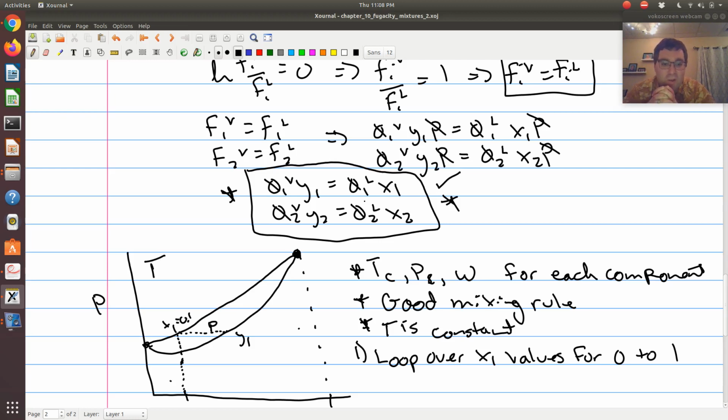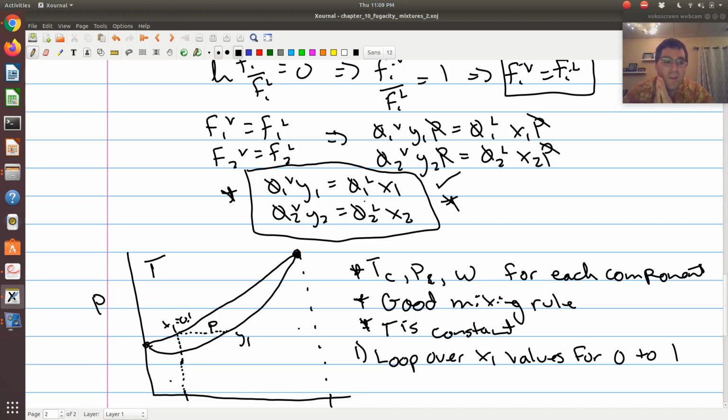So for given x1 and T, you would essentially guess a value of P and y. Because once I have P and y, I can go to my cubic equation of state, plug into my black box, and calculate the partial molar residual Gibbs free energy of each species in each phase, if you have a reasonable estimate that puts you close to coexistence.